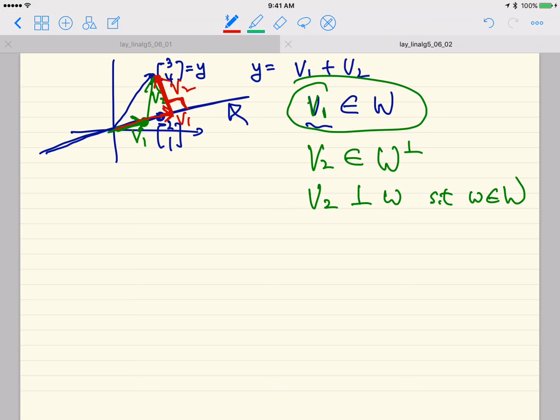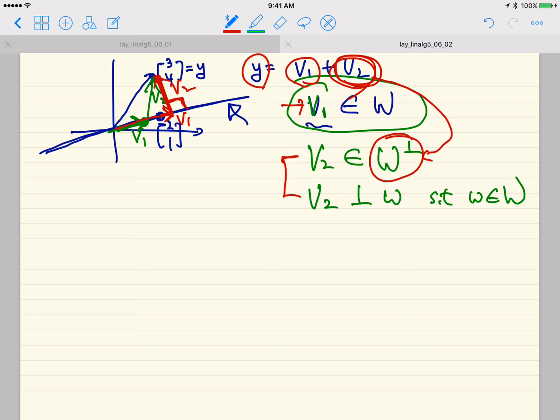So we want to obtain this particular decomposition, so that v1 belongs to the original subspace, and v2, which is the remaining part in this decomposition of vector y, should belong to the orthogonal complement. Then let's obtain such v1 and v2 by using these conditions.